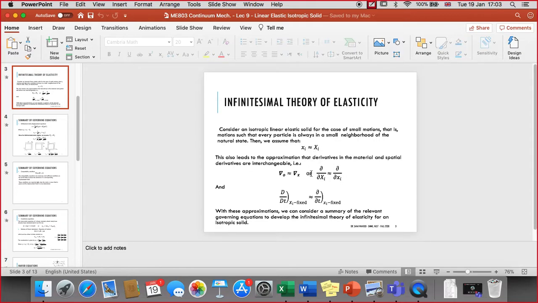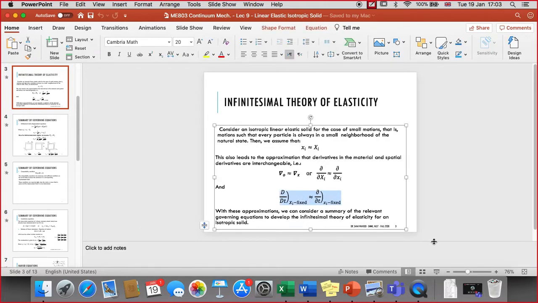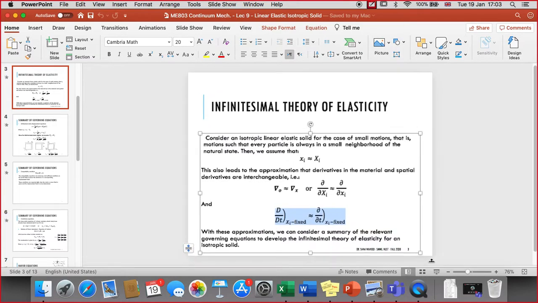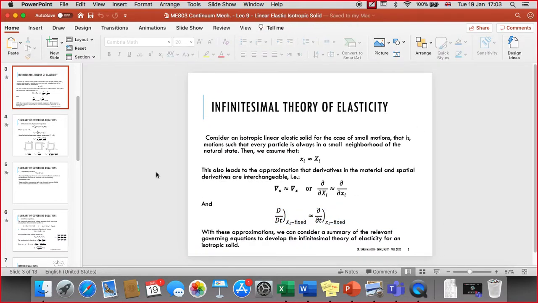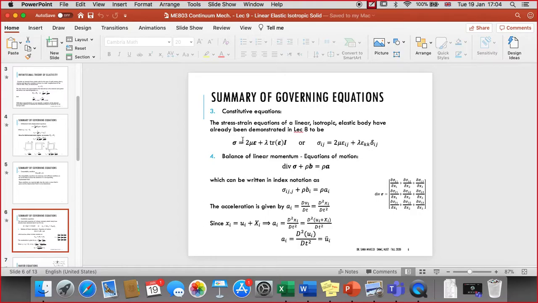that we can just assume that the current position is actually the same as its initial reference position. And from that, loads of other things end up becoming simplified. In particular, the material derivative becomes very much simplified. And because of that, going further, with some more manipulations we can combine our kinematics with our constitutive law, and finally we can plug those two together into our universal law, meaning law of nature, law of physics, which is the equation of motion, which came from the balance of linear momentum.